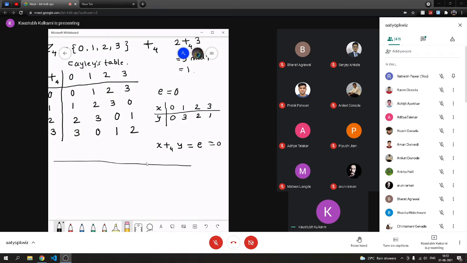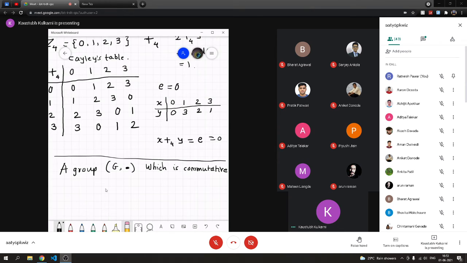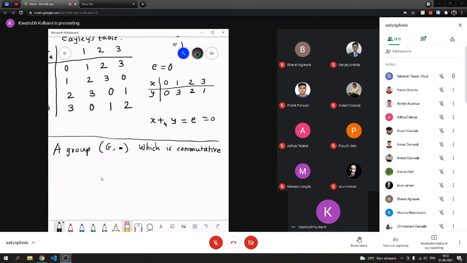Okay. A group, that is G and dot, which is commutative. Now, commutative means for all x and y belonging to G, x dot y is the same as y dot x.